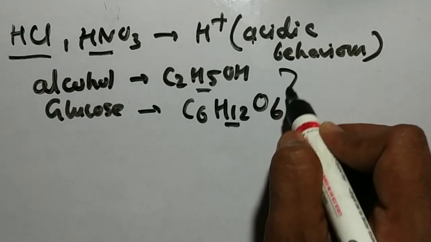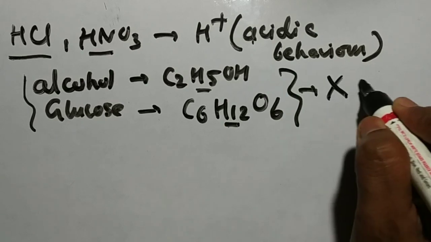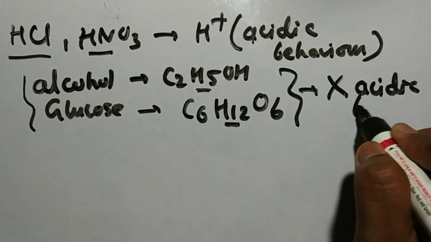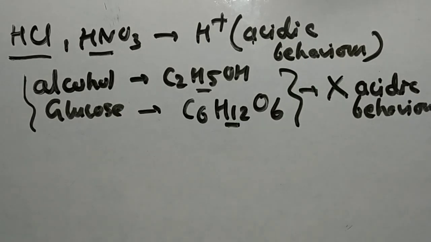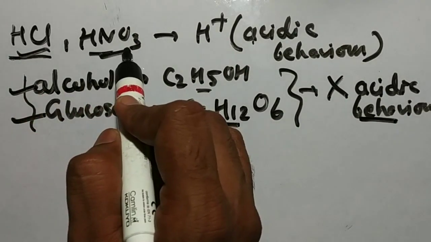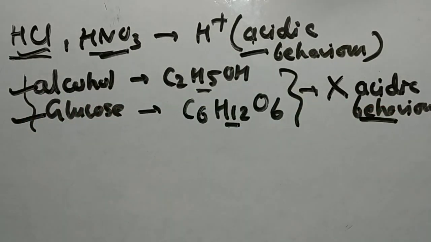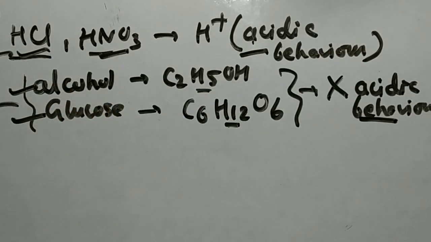But these two things, alcohols and glucose, do not show acidic behavior. Why? So give your comments over here on why the alcohol and glucose are not acidic, and why the HCl and HNO3 show the acidic behavior. If you can give the answers to this type of questions, it means that your concept is quite clear.